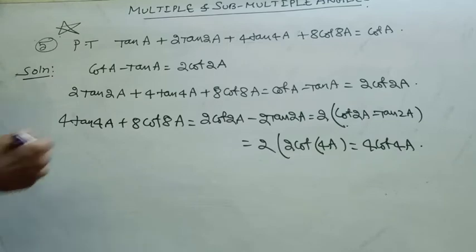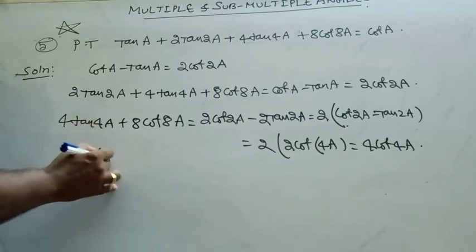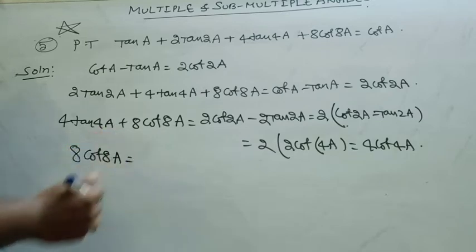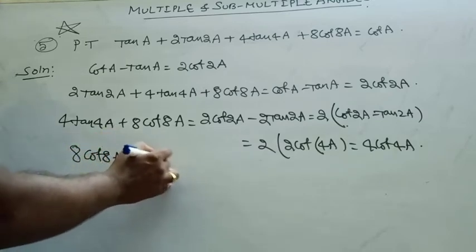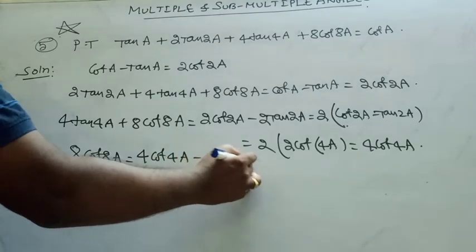Now you see, next we have to prove, if it is true, that 8 cot 8a is equal to 4 cot 4a minus 4 tan 4a. This has to be true.